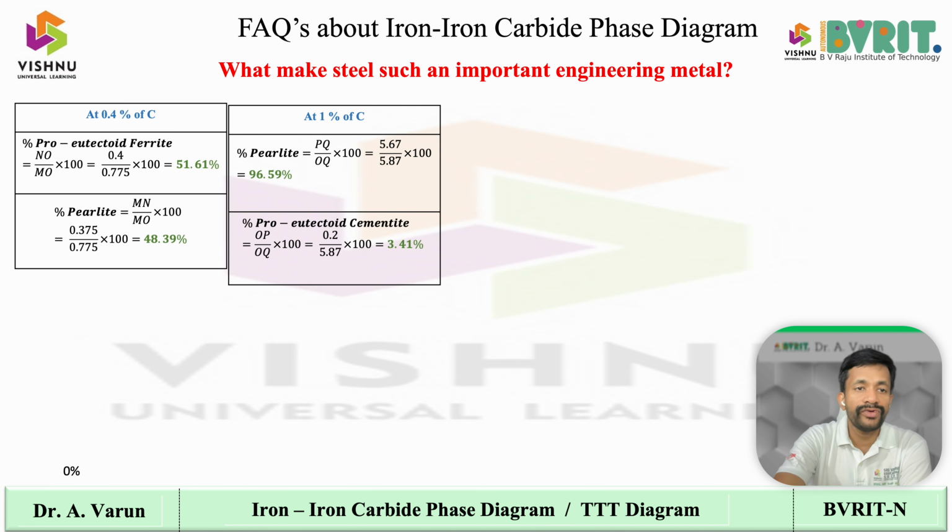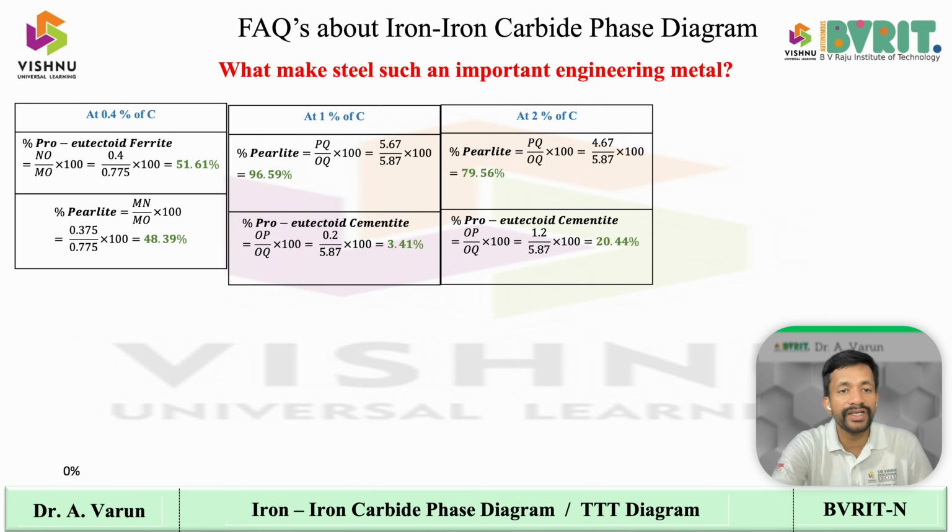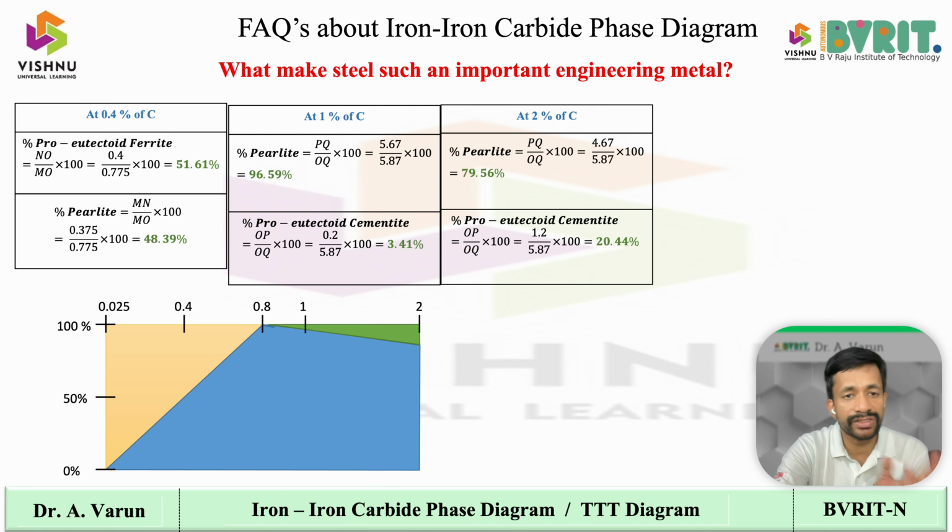Okay. Now we'll try to correlate everything and try to understand why that is so important. At 0.4, you have protectoid ferrite and perlite, and at 2% you have perlite 96.59 and protectoid cementite.